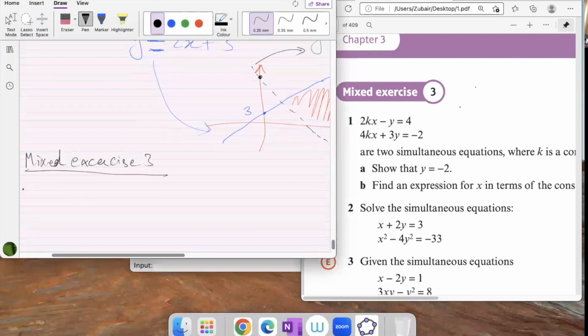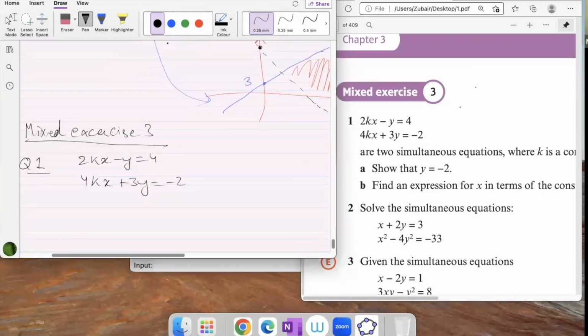Is that the first step? Yes. 4kx plus 3y equals minus 2. It says show that y equals minus 2.